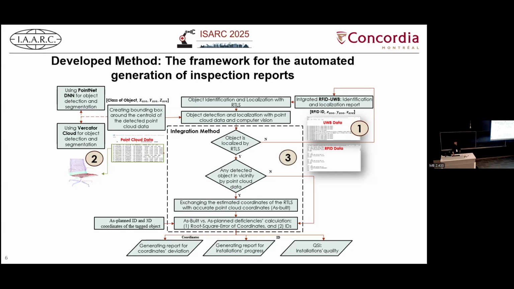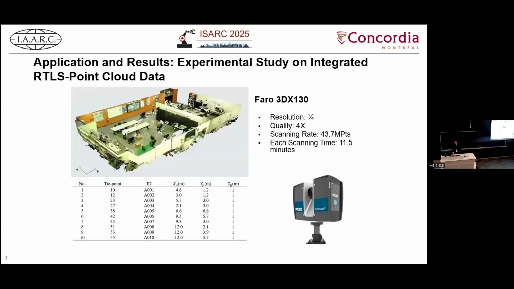The integration includes exchange of information between these two systems, and finally we get the XYZ coordinates of the components in their installed locations. And finally, we have the reporting on the prices, the quantities, the status, and the quality of materials.